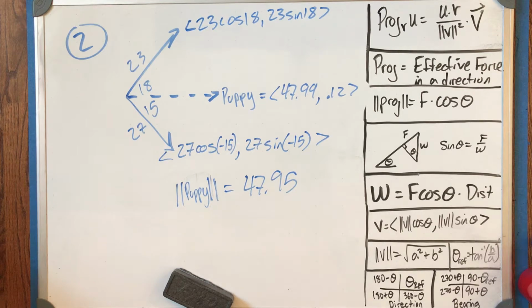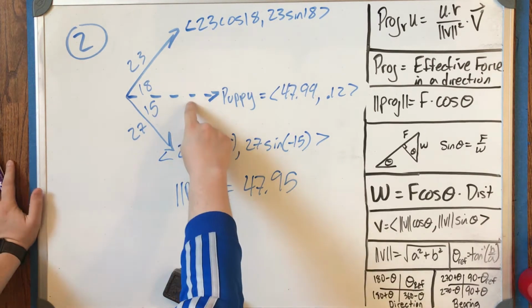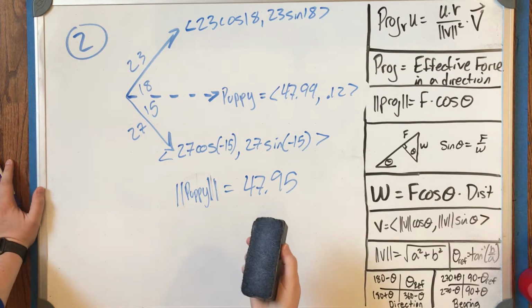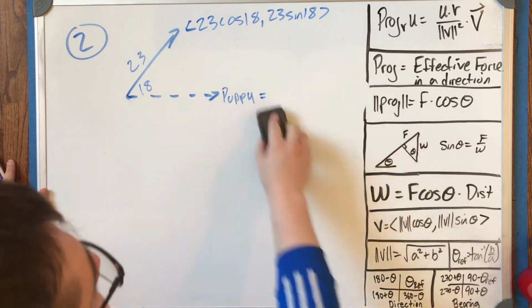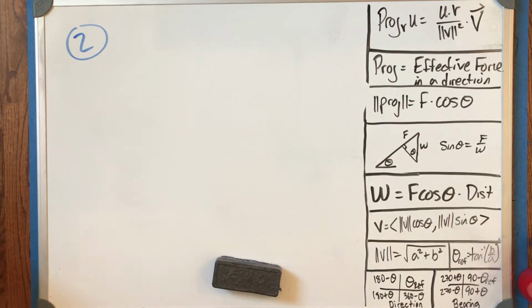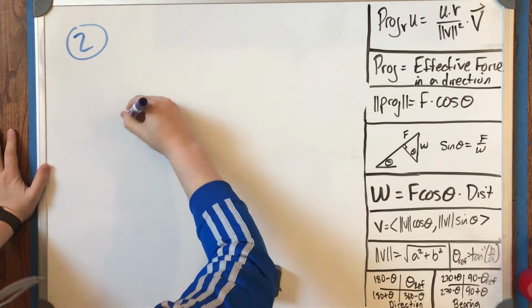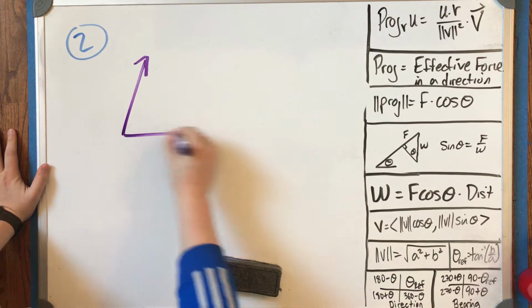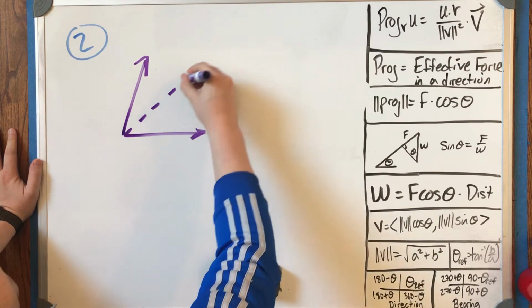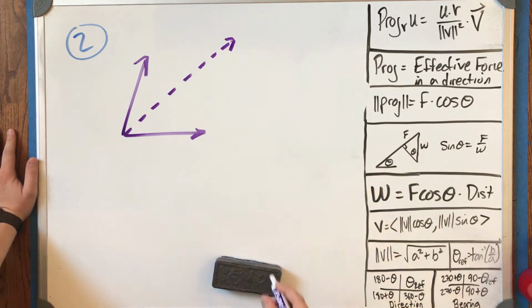The second way of approaching these ones is when it's not directly horizontal like this. You have to do something slightly different, okay? So you end up getting the same answer in this case, but we'll see. So here I have 2 different things, and then I have the puppy in the middle here, okay?